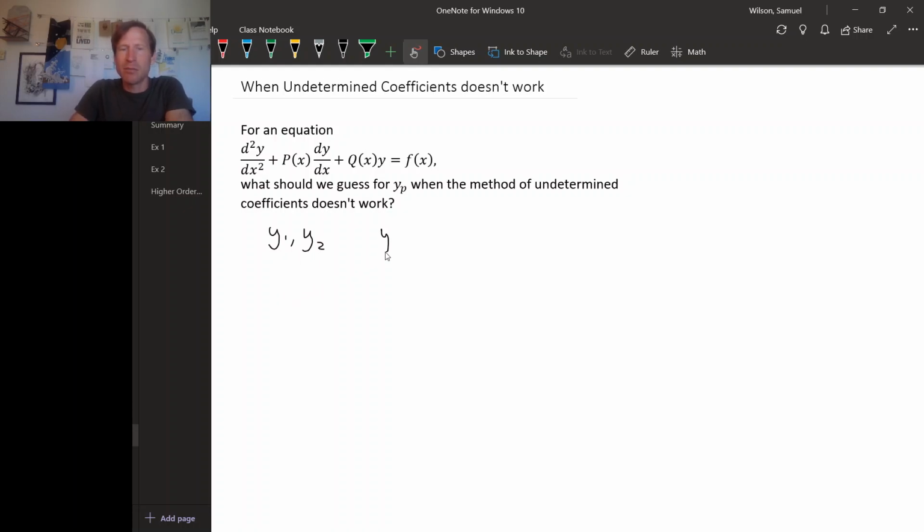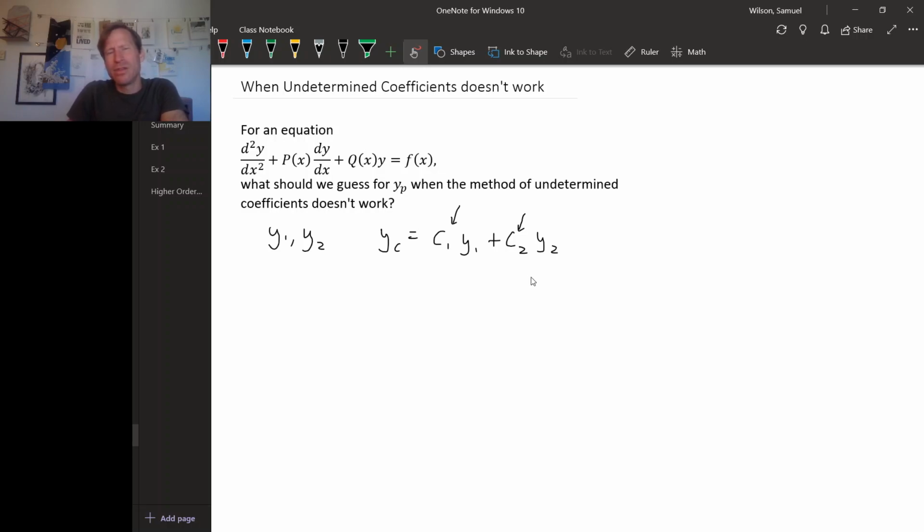So that means that the complementary solution, that is the general solution to the associated homogeneous equation, would look like c1 y1 plus c2 y2. And what determines these constants, c1 and c2, is any initial condition that you might have.